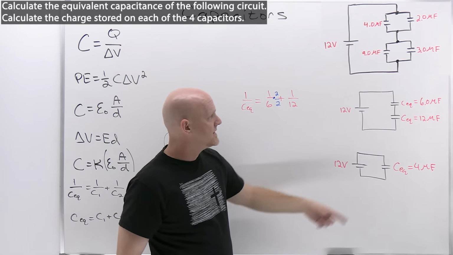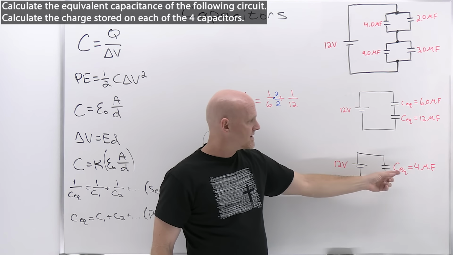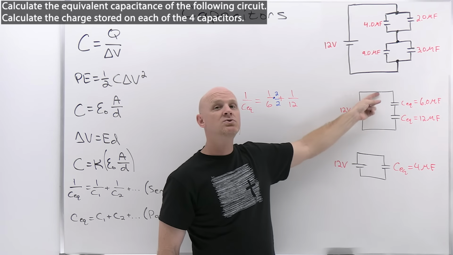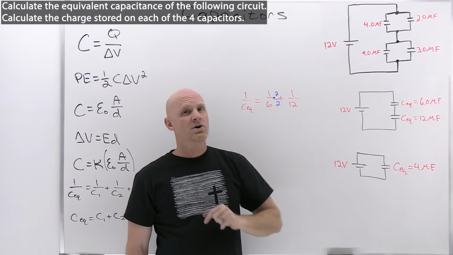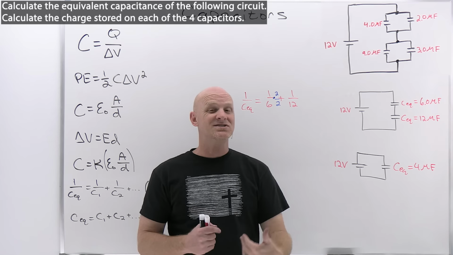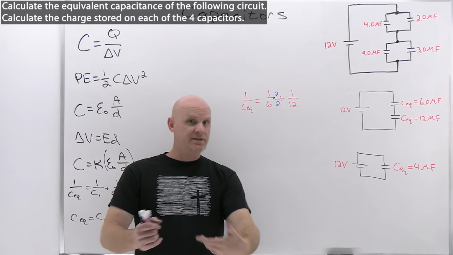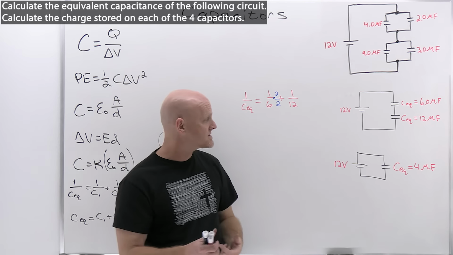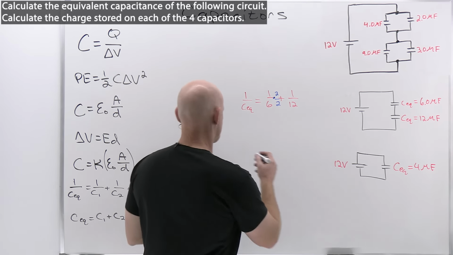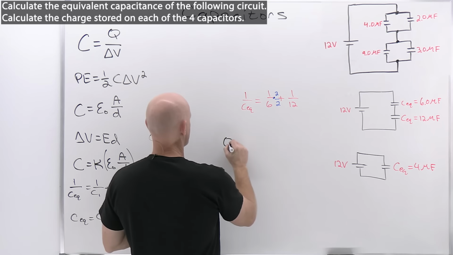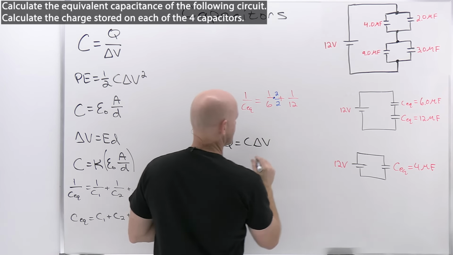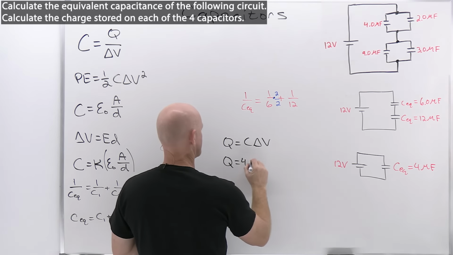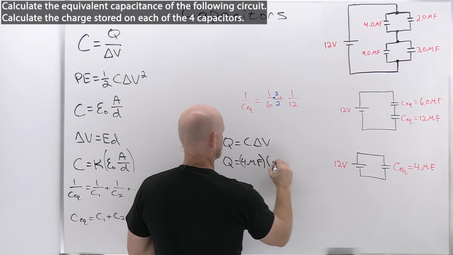Now, what we have to remember here is that when we go to solve for this equivalent, when we get to the charge on this guy, it's also going to be the charge on the 2 that are in series that make it up. If you recall, the charge stored on capacitors in series is the same, and it's the same as the equivalent charge, or the charge being stored by the equivalent capacitor they comprise as well. And so in this case, we'll go back and solve for Q and say that Q is equal to C delta V. And so in this case, the C is the equivalent capacitance of 4 microfarads times the delta V of 12 volts.